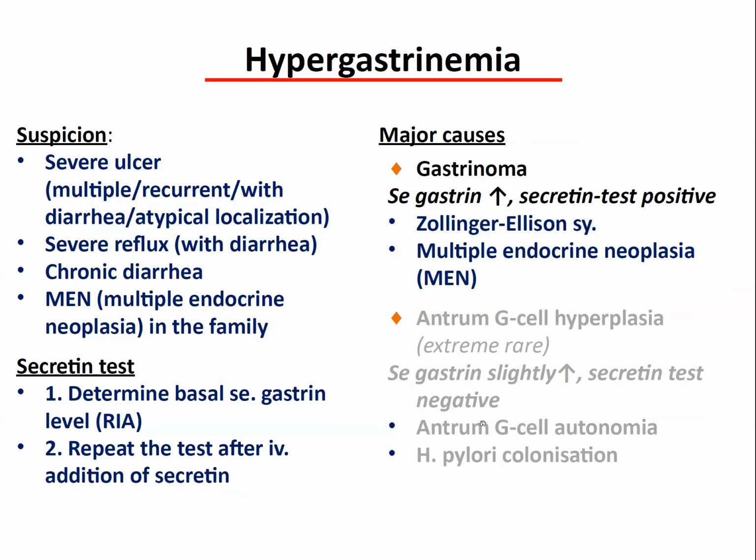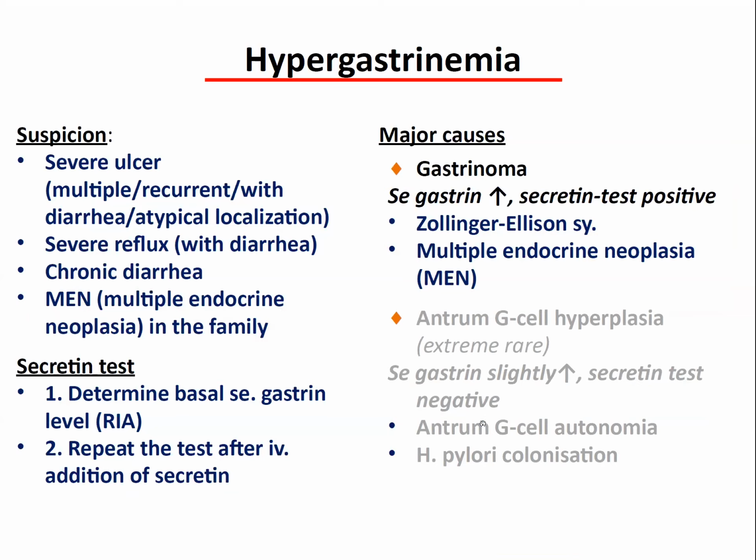Now, the continuation with this acid secretion: that's hypergastrinemia, when the gastrin level is high, and this is why we have increased acid production and an increased chance of peptic ulcer.